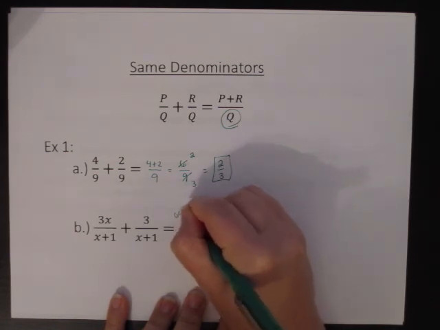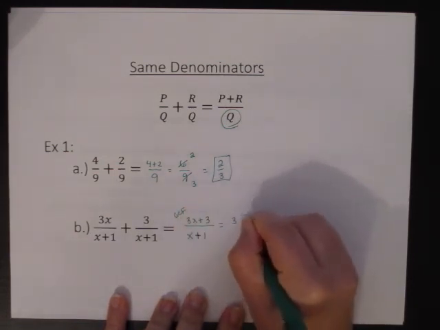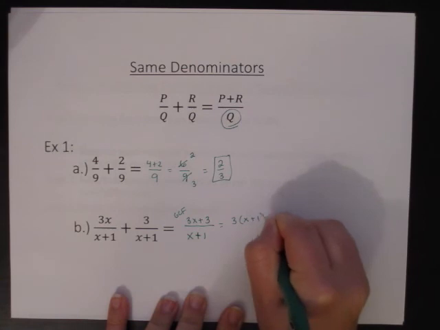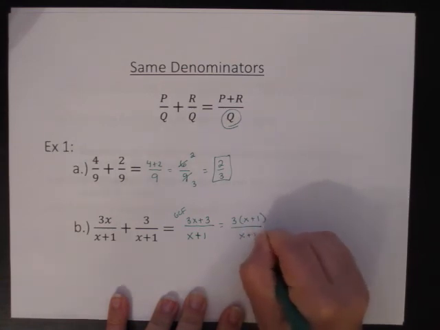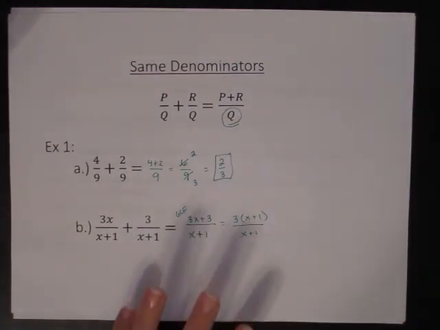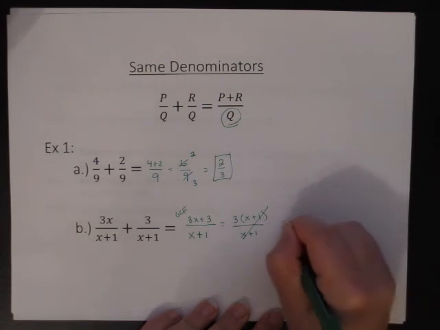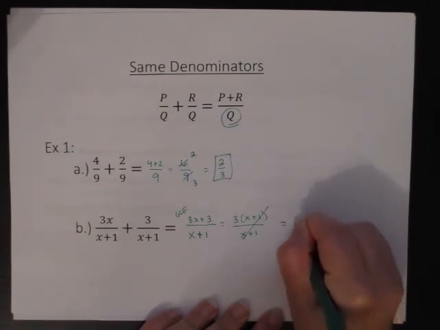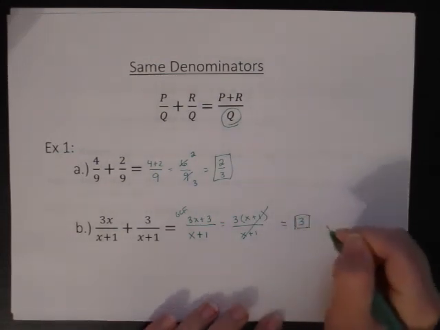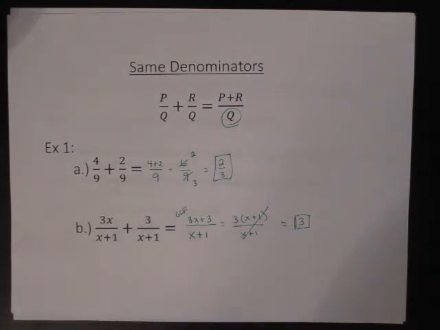This is a GCF, and I can pull out a 3. When I pull out a 3, I'm left with x plus 1 over x plus 1. Now, just like we did in this chapter so far, if I have anything over itself, it will cancel out, so really my final answer will just be 3. So if you have the same denominator, you keep that denominator and you add or subtract straight across.